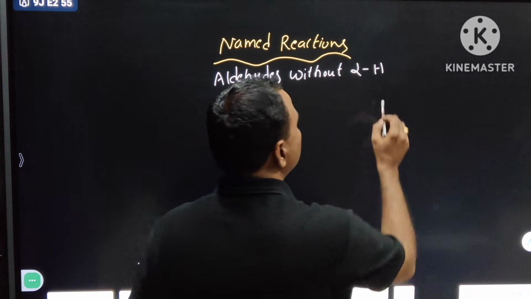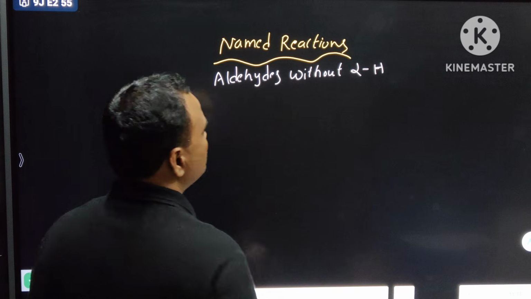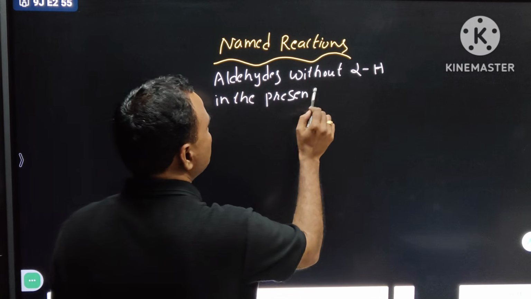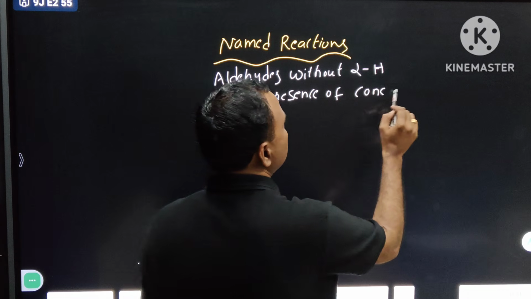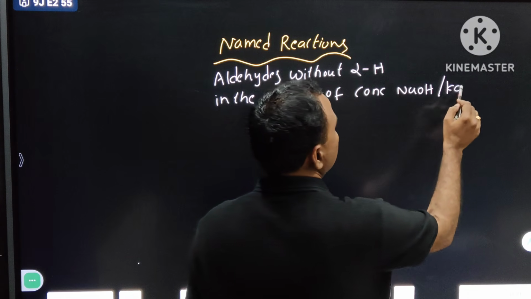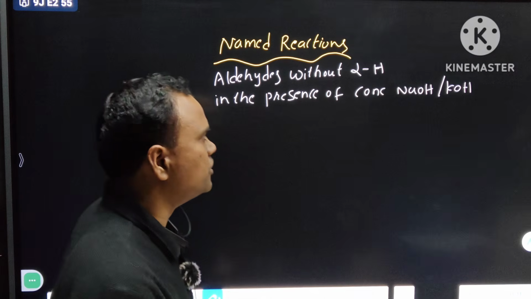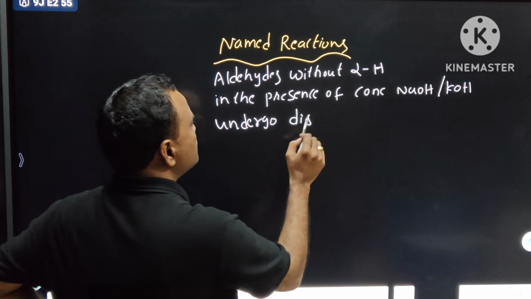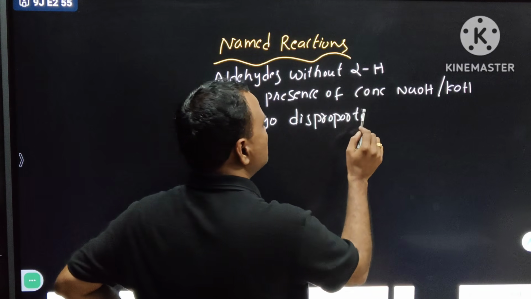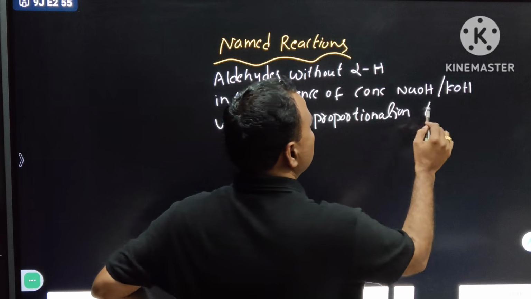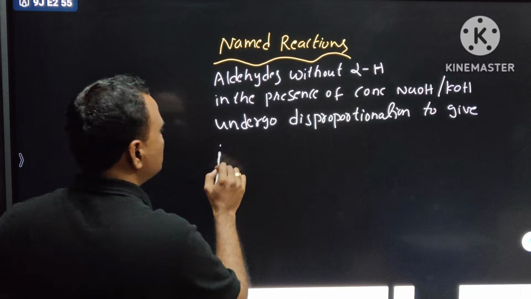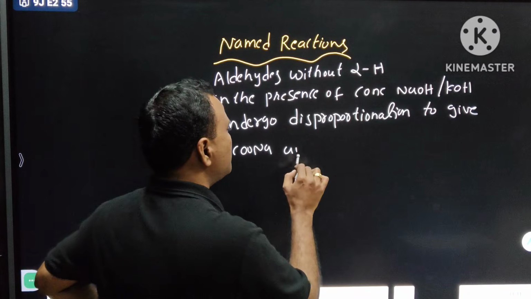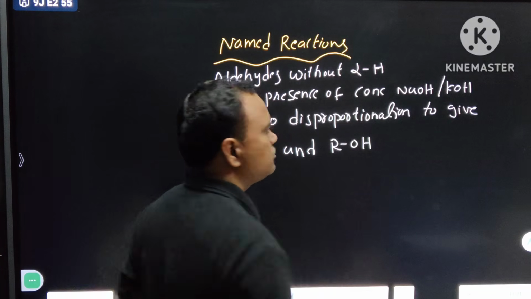Aldehydes without alpha hydrogen, in the presence of concentrated base like NaOH or KOH, undergo disproportionation to give RCOONa, the sodium salt of a carboxylic acid, and alcohol, right?